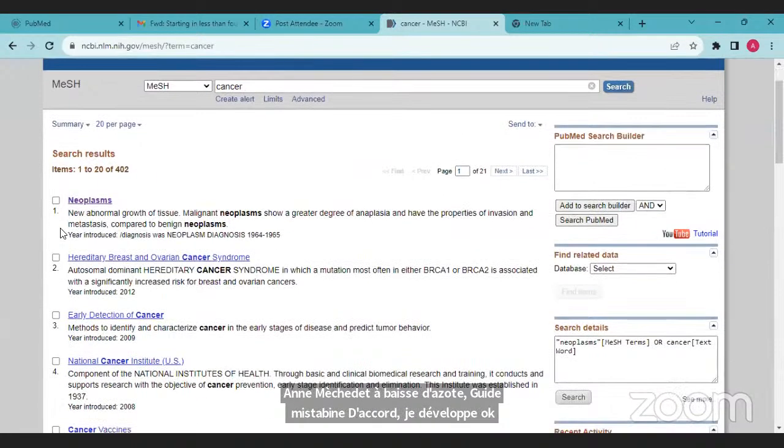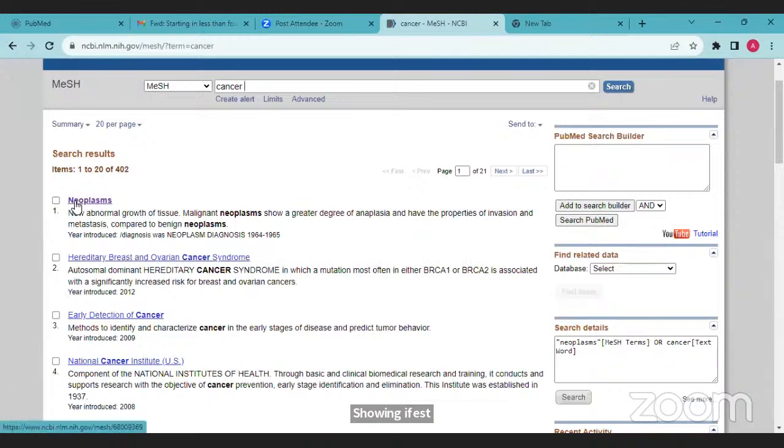Now, do you see the results here? I searched for cancer, but it has given me neoplasms, this one which is in bold. What does that mean? It means that the medical term for cancer is neoplasm. But remember, the authors are going to use cancer, others are going to use neoplasm.